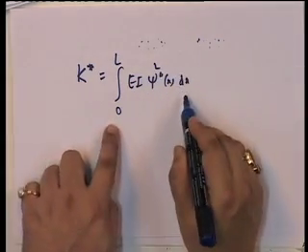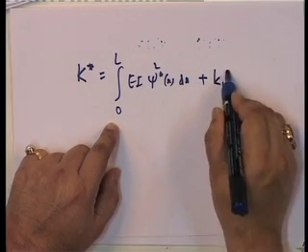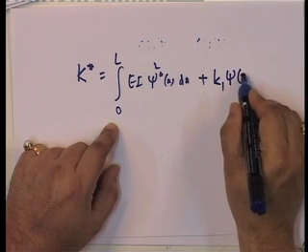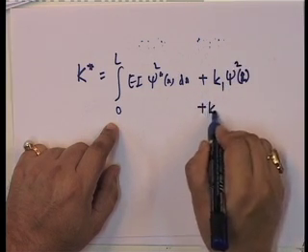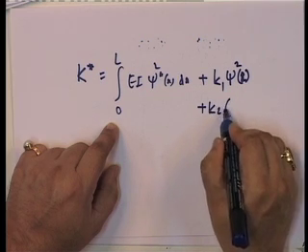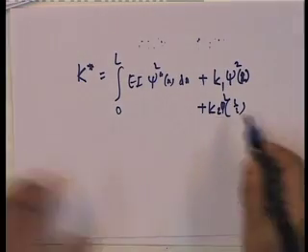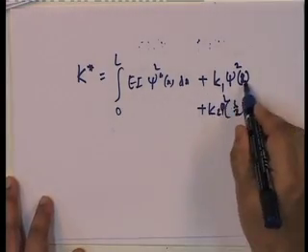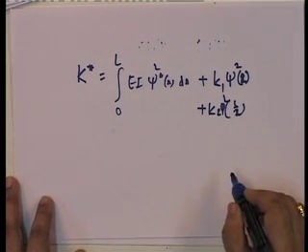That's the distributed part in the k star, and then I have k1 into xi at L squared plus k2 into xi at L by 2 squared. Right? It's very simple. We've already derived this. So k1 is at L and k2 is at L by 2. So that's all. Okay, that's k star.